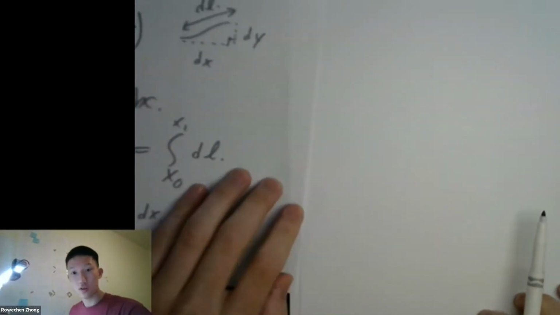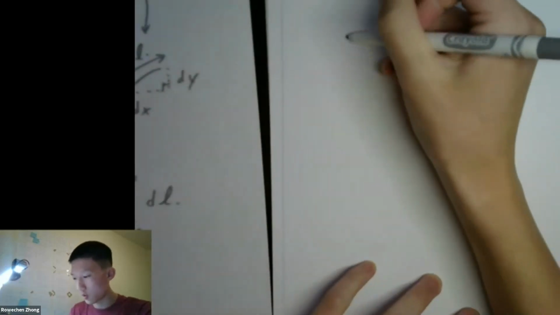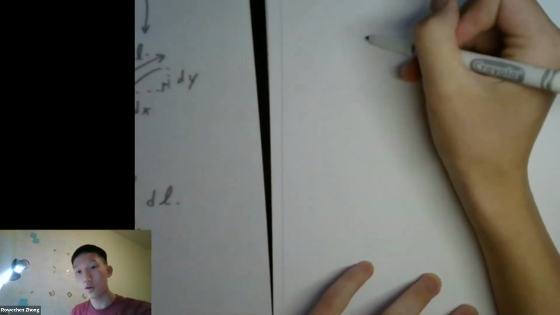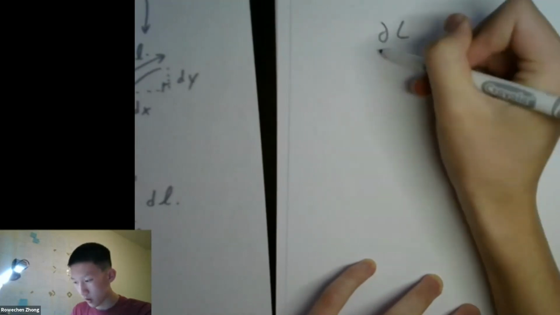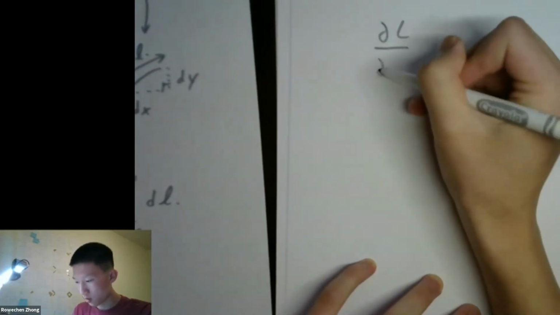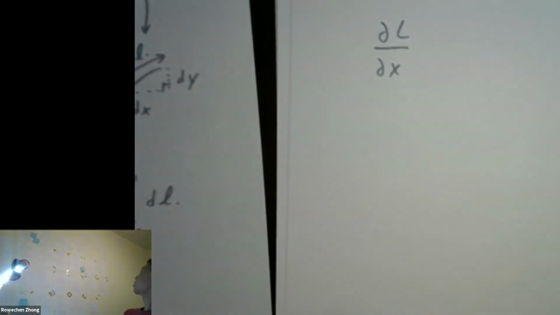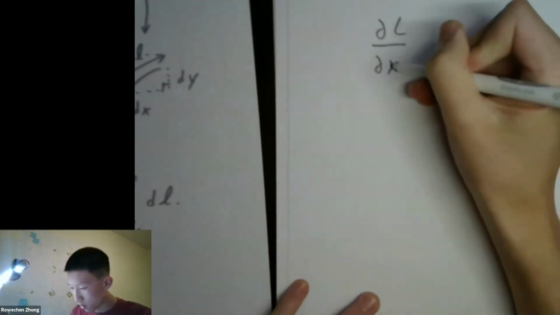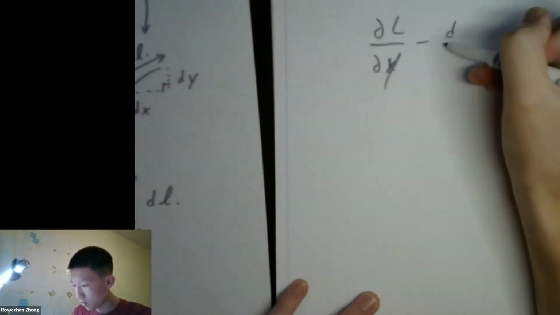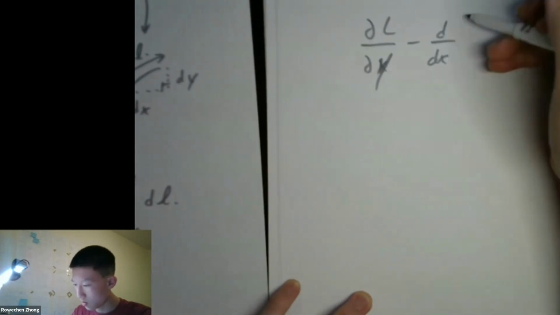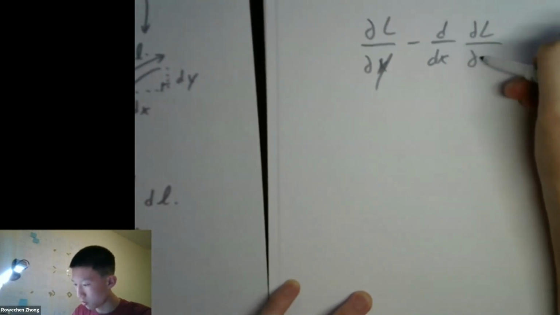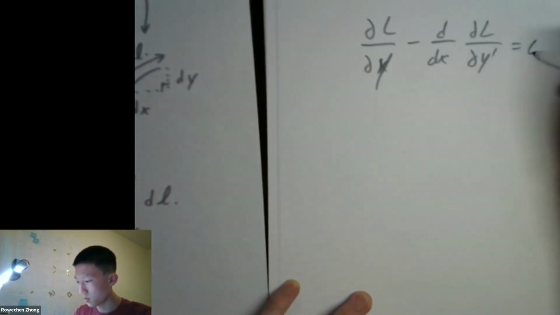Well, according to the Euler-Lagrange equation that we derived earlier, we know that partial of L over partial of x, making sure I'm getting that correctly. Yes, almost. Minus d over dx times partial of L over partial of y prime must be equal to 0.